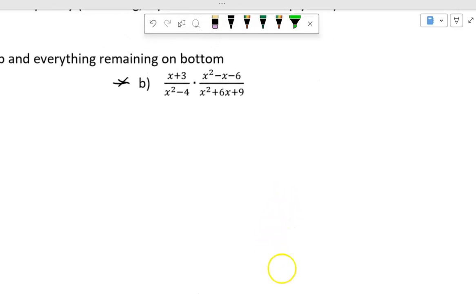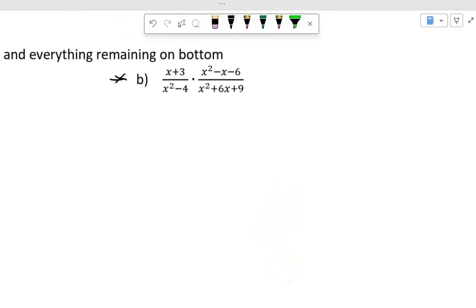I'm not going to go through every single step of factoring, because you've already done this in your Intro to P6 homework. But I will write it out in factored form and show you all the steps for multiplication and simplification where we exclude the domain.